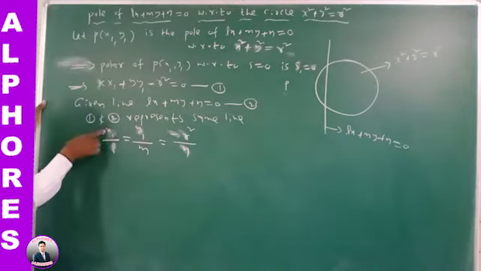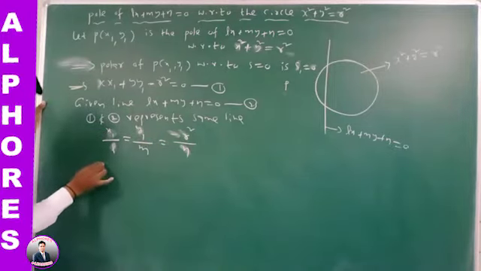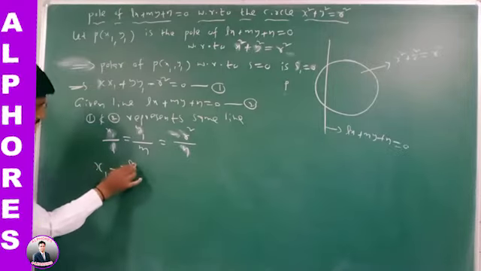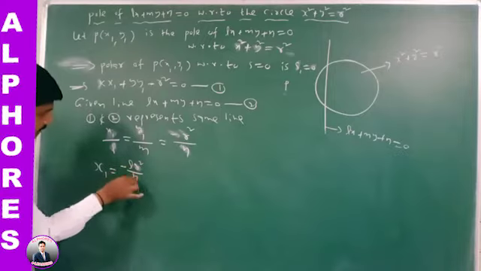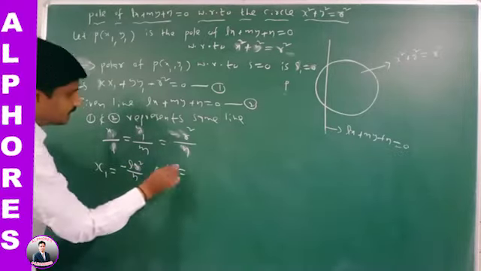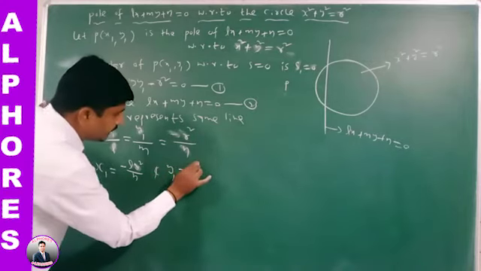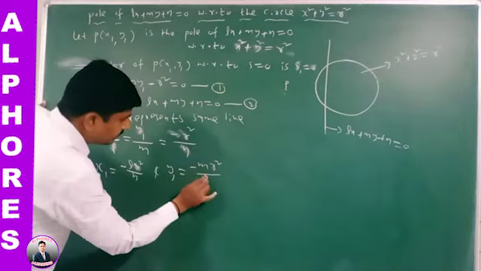Now x1 by L equal to minus r square by n, write as it is, x1 equal to minus L r square by n, and y1 equal to minus m r square by n.